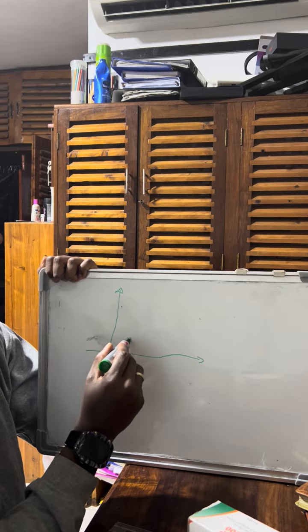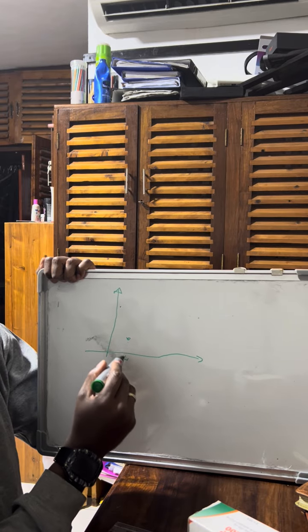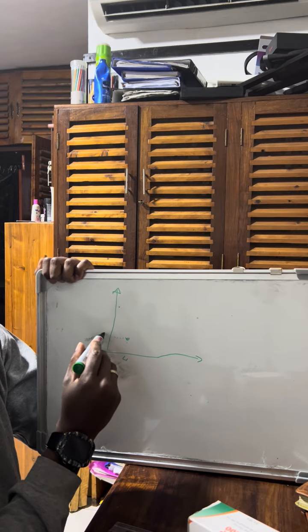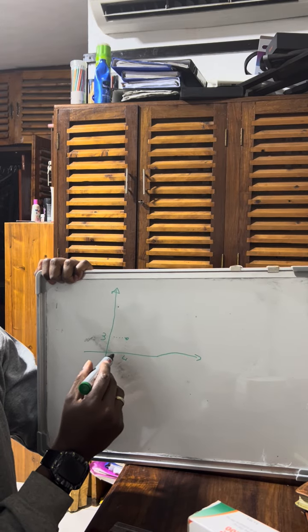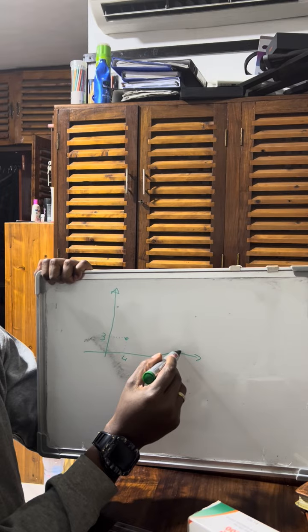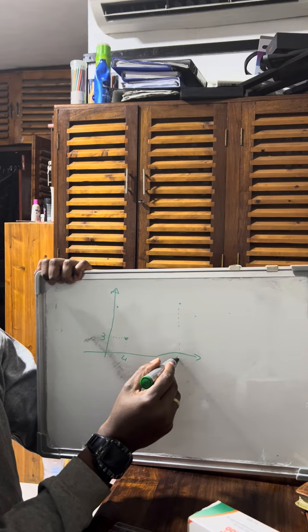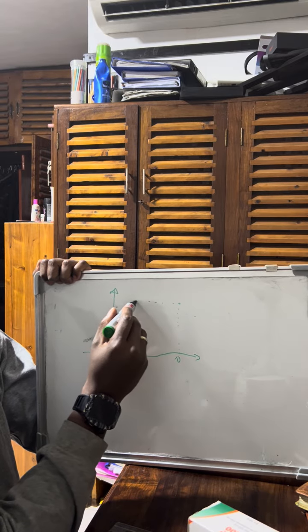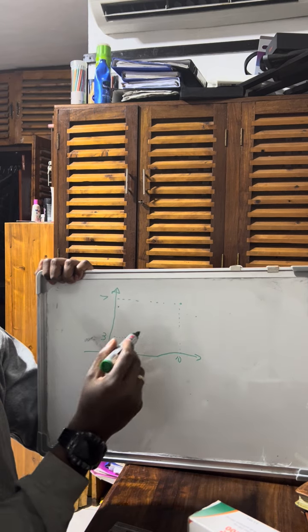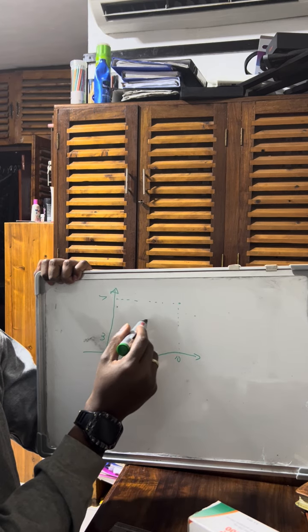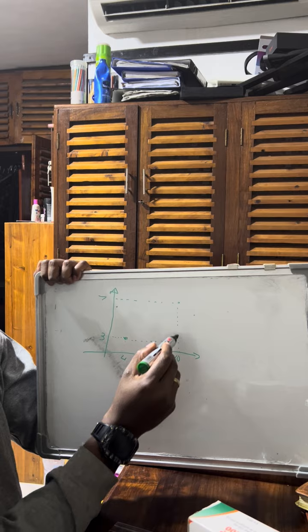So the points were basically 4 and 3, and the next point was 10 and 7.